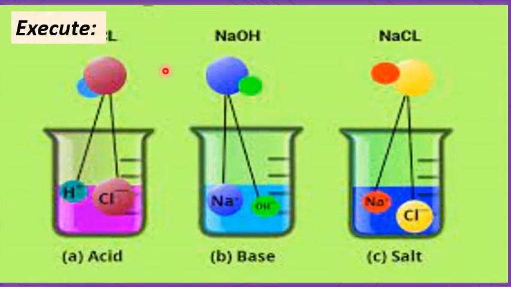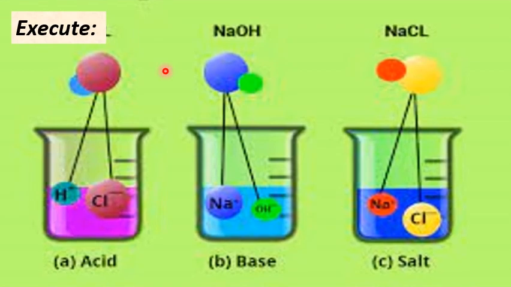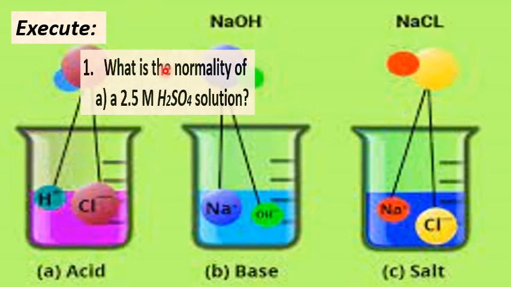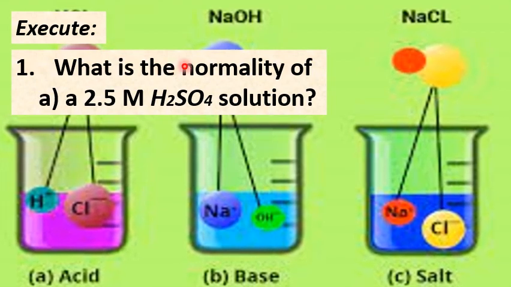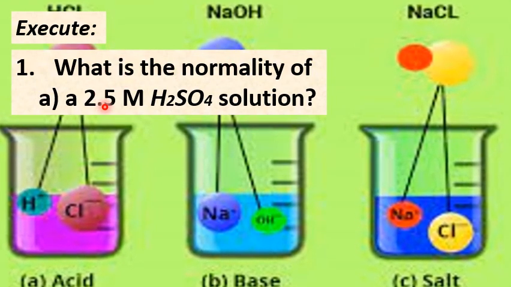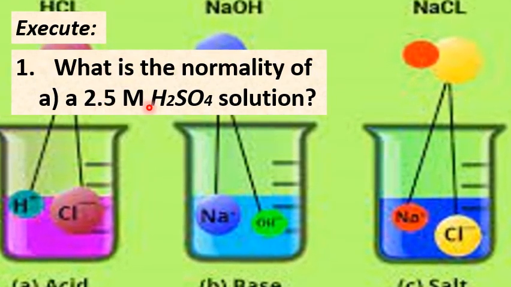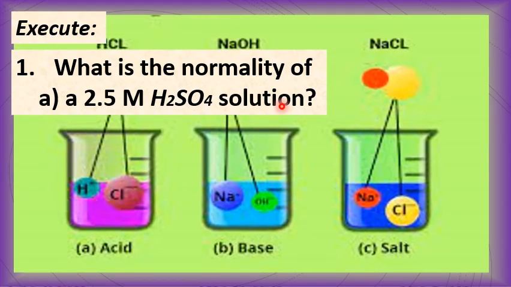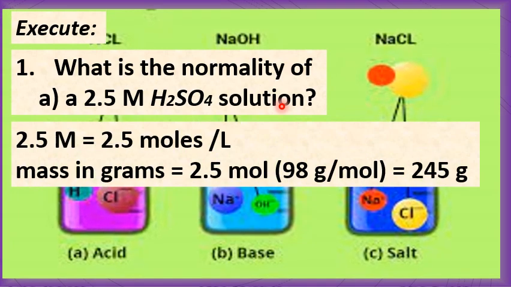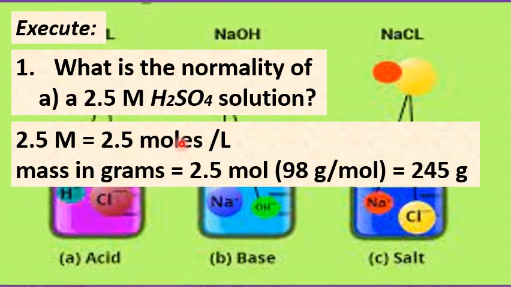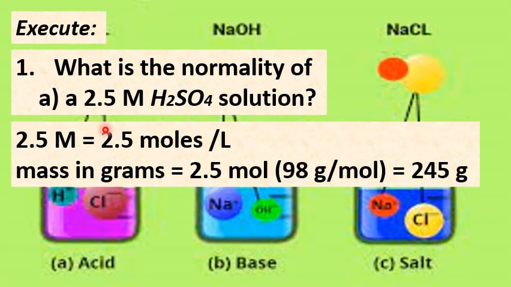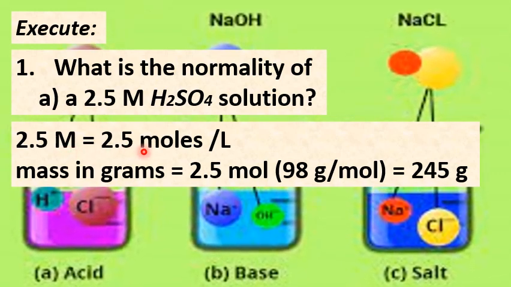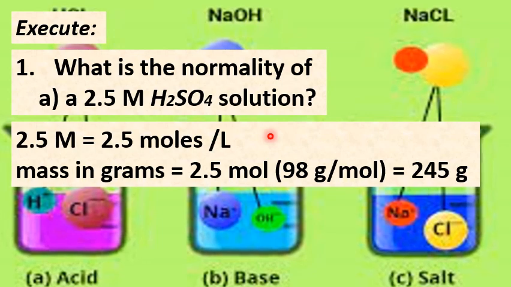For you to be able to understand better, let us proceed answering the questions. In question number 1, letter A, what is the normality of a 2.5 molar sulfuric acid solution? So, when we say 2.5 molar, that can also be expressed as 2.5 moles per liter.